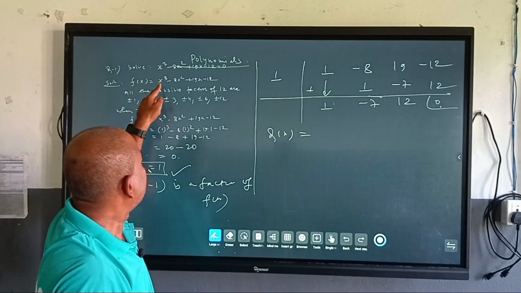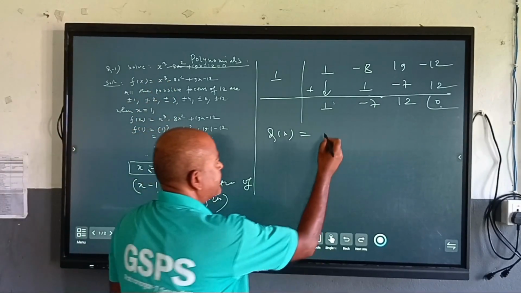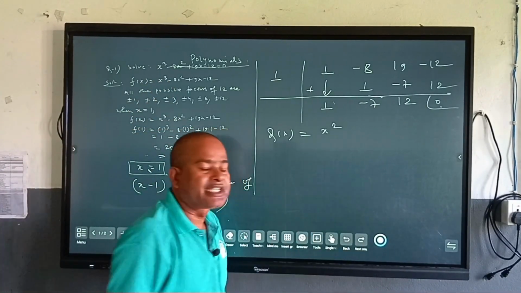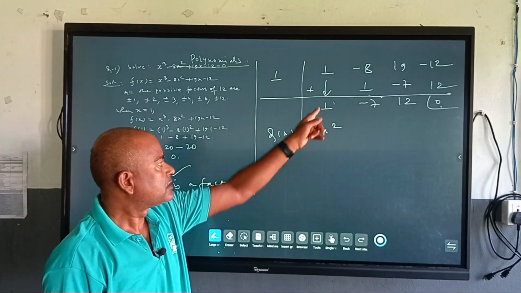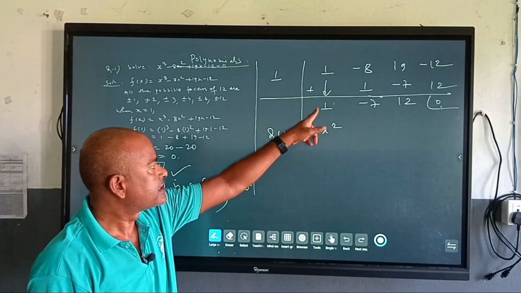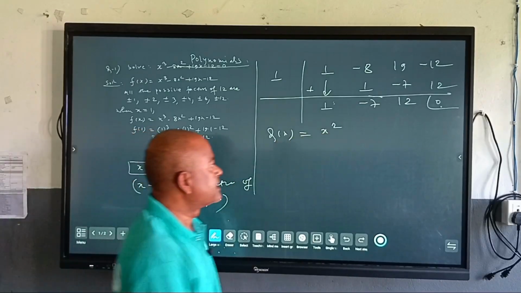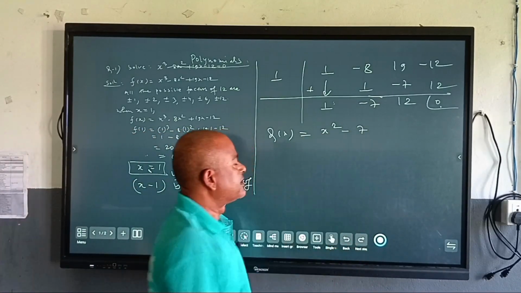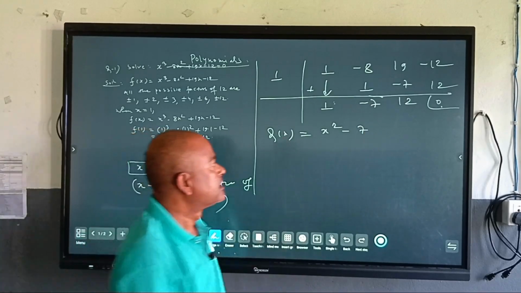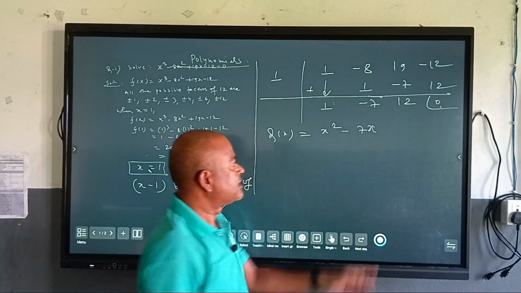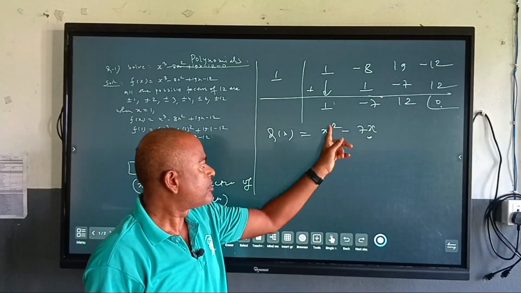So the degree of the first term is 3, and now it will decrease by 1. That means the degree of x will be 2 for the first term, and this 1 is the coefficient. So 1 times x square, we get x² minus 7. This is the coefficient of the second term of the quotient, and the variable term will decrease its power by 1.